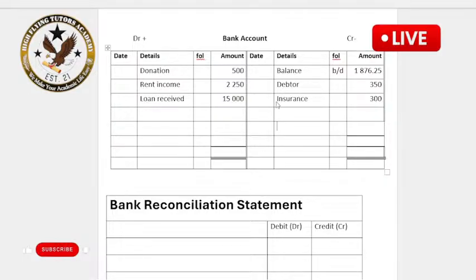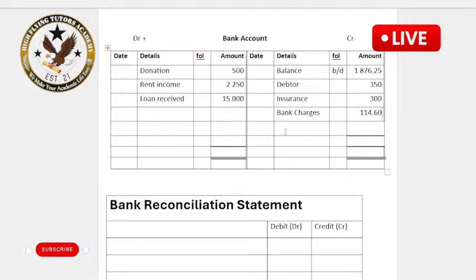So you come on the credit side and say bank charges of how much? 114 rand and 60 cents.